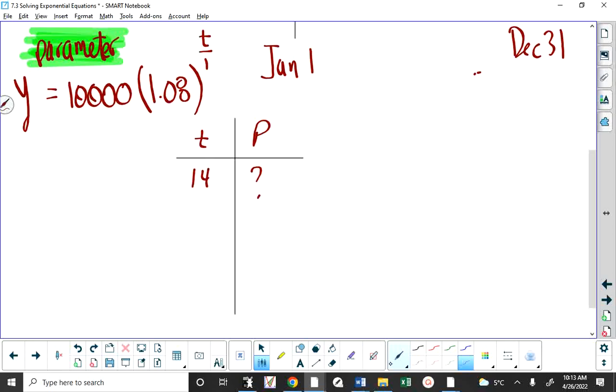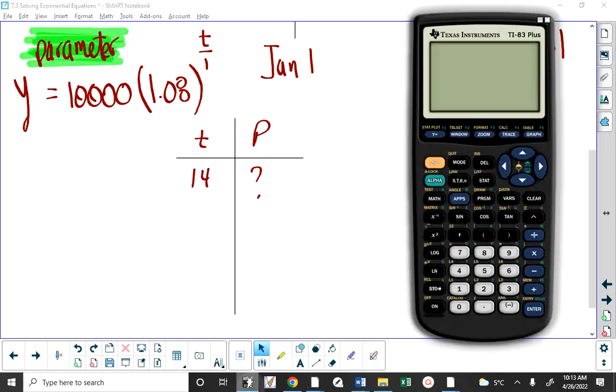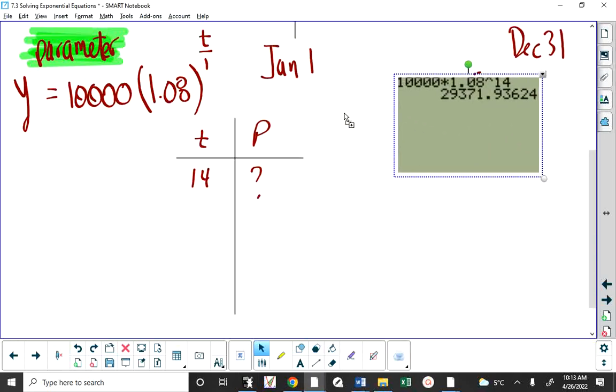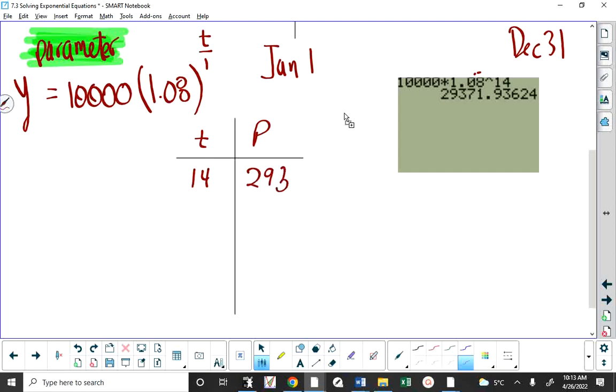So this is just a matter of running this through your calculator, everybody. I don't mean graphing it. I just mean taking 10,000 multiplied by 1.08 raised to the 14. And you get 29,371.94.